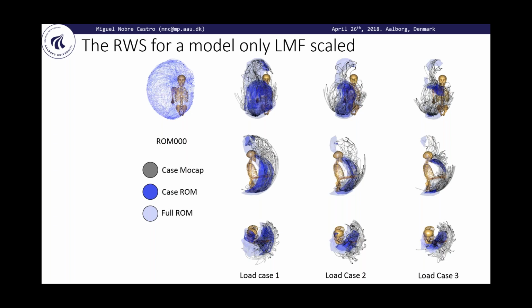Then we would expect to be able to see how big this light blue shape gets in relation to the dark blue shape. And that's very important because it will tell us that if the model is very strong, then that light blue will be much, much bigger than these black dots that we are seeing here. But overall, what we want to show is that by only using the standard methods we currently have available in AnyBody, the models are not capable of predicting the reachable workspace as experimentally seen.